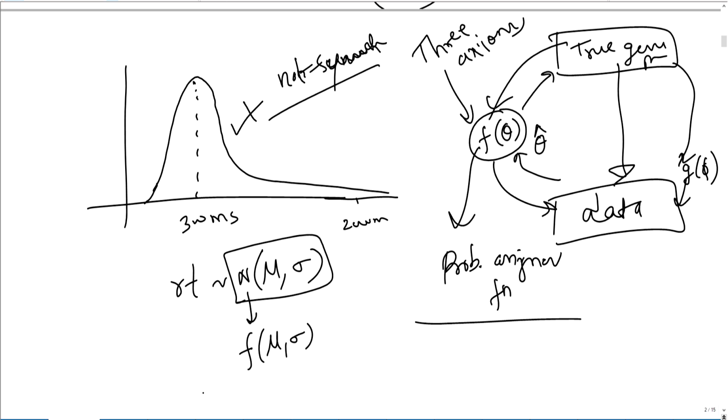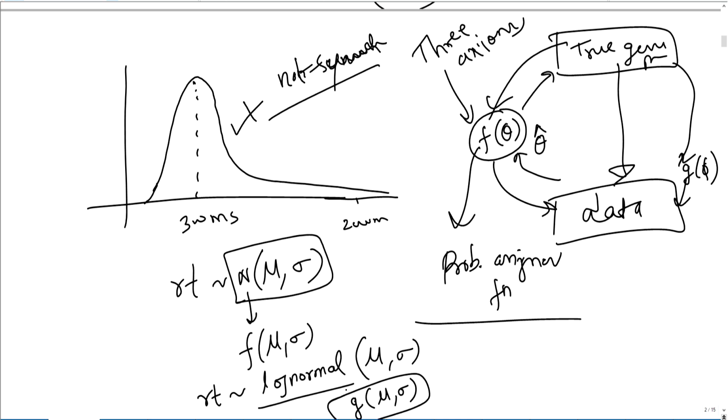So, for example, there could be other more reasonable assumptions, like reaction times come from log normal mu sigma. This is another probability assigner function, let us call it z. It also has two parameters, mu and sigma. So, it is important to make reasonable assumptions, otherwise you might make some misleading inference or some inferences that would not hold if you just change the assumptions.